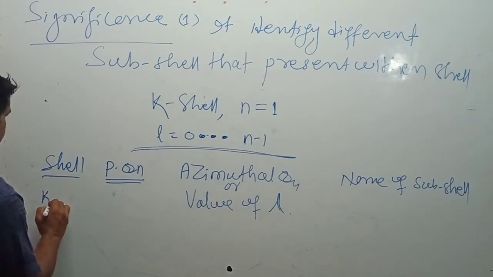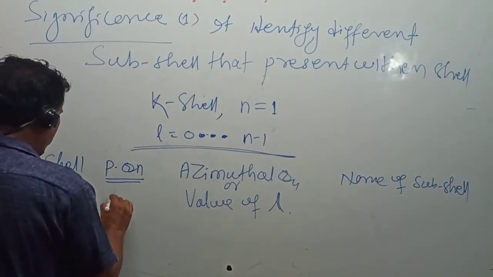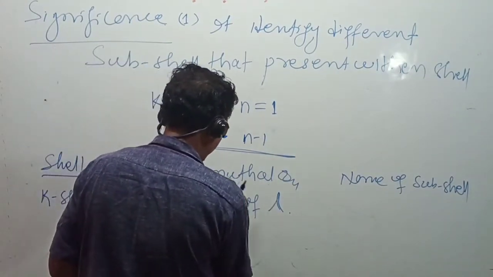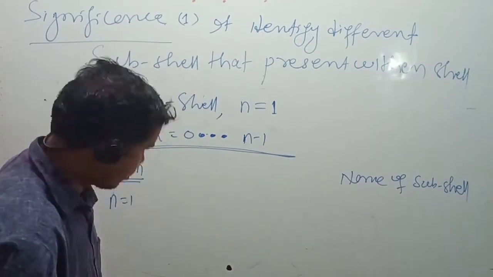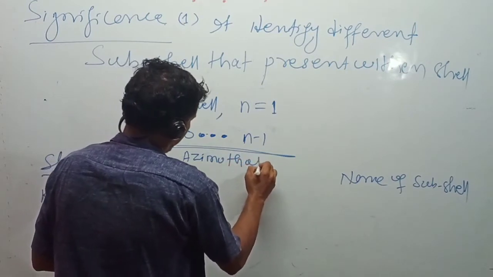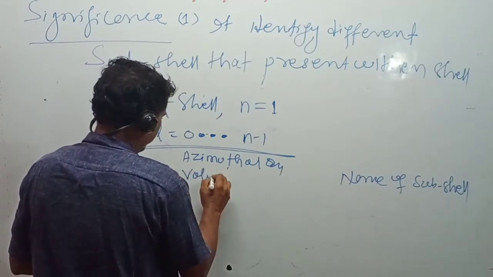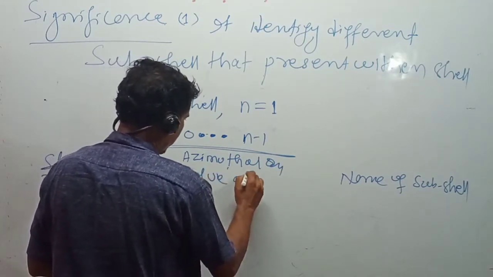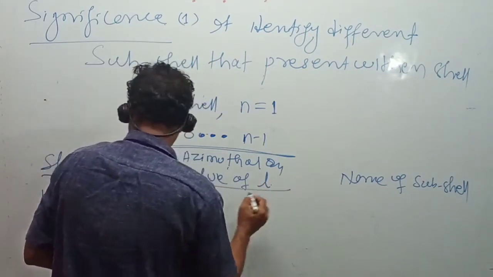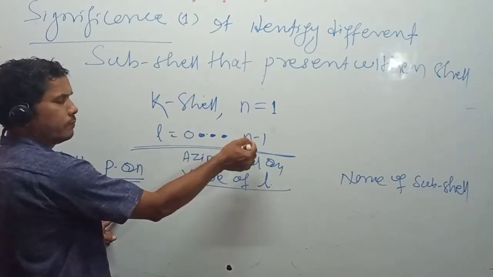So the cell is the K cell, principal quantum number n equal to 1. Here the value of l, the azimuthal quantum number. For the K cell n equal to 1, so put 1 to get the value of l.